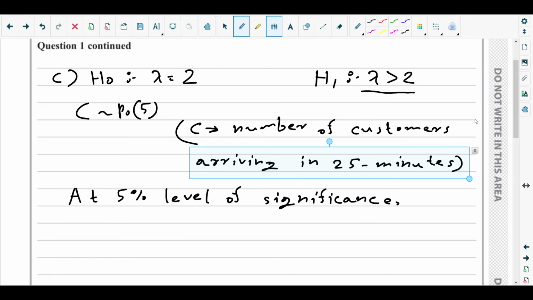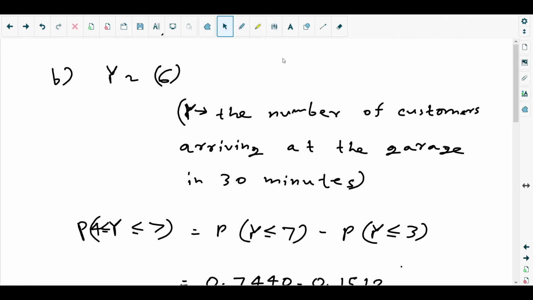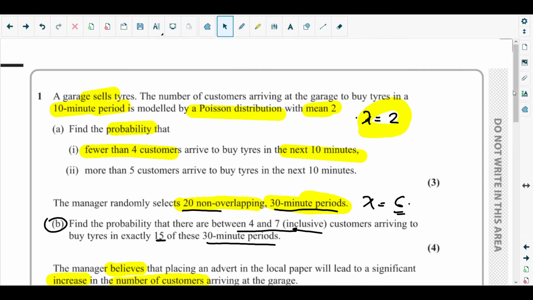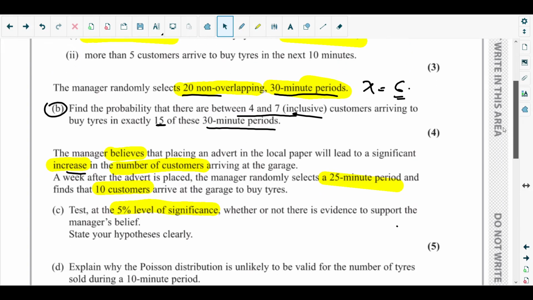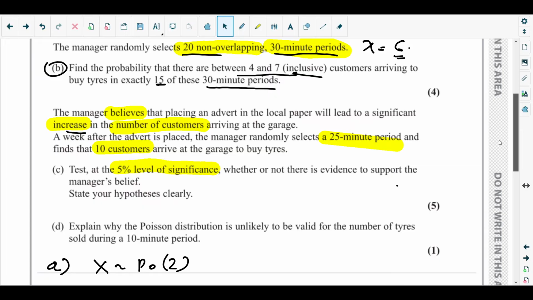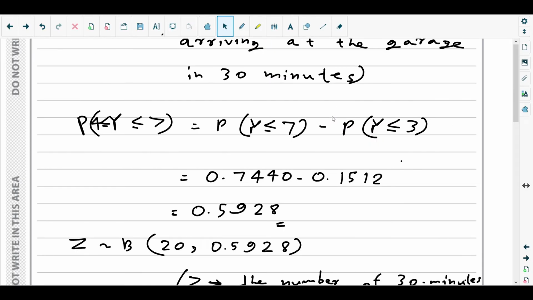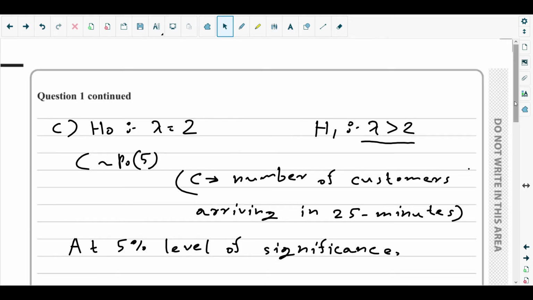How many did they get in the question? I think 10, right? Exactly, 10 customers arrive at the garage to buy tires. So C equals 10.